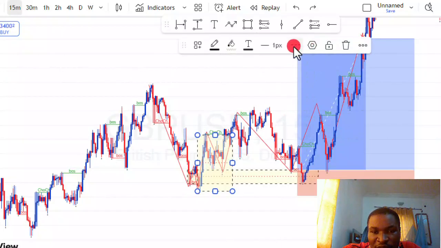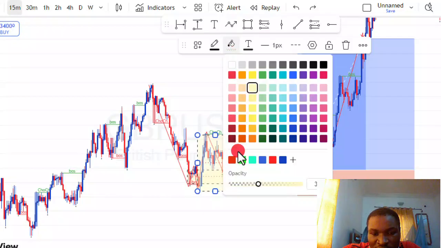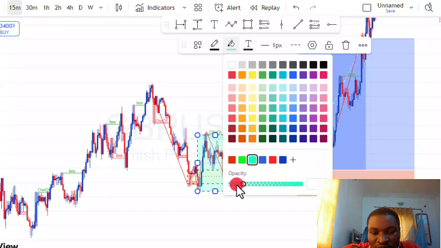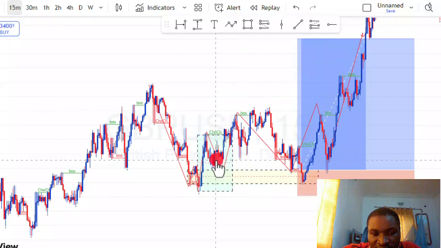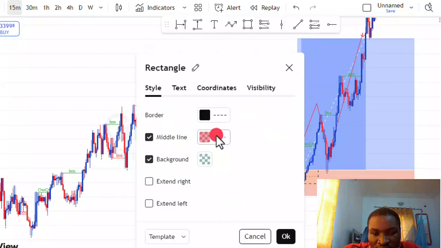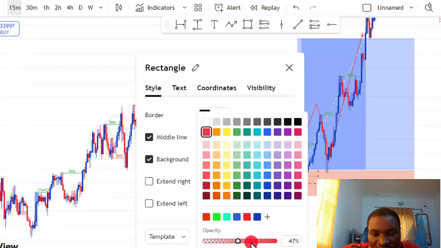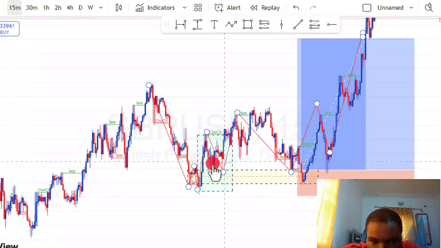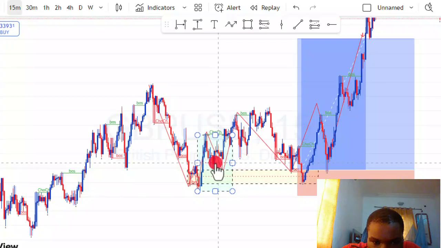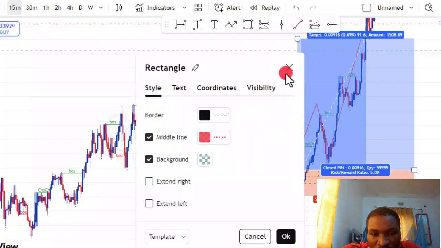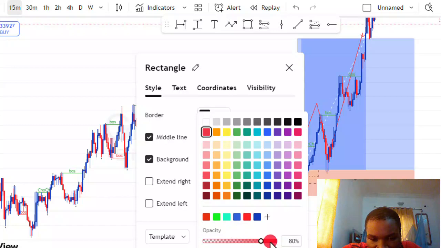So you have to make sure that it is 50%. Before you go ahead, you have to make sure that this middle red line is at 50%. I'm trying to make this middle red line bold enough so that you can easily see it on your screen. So you have to ensure that it is up to 50%.